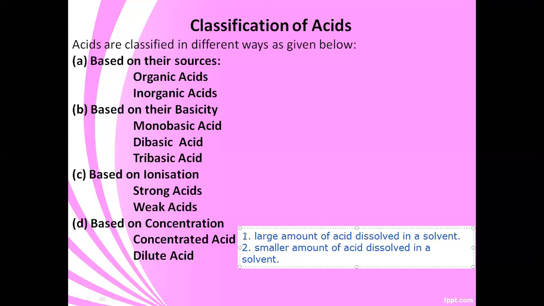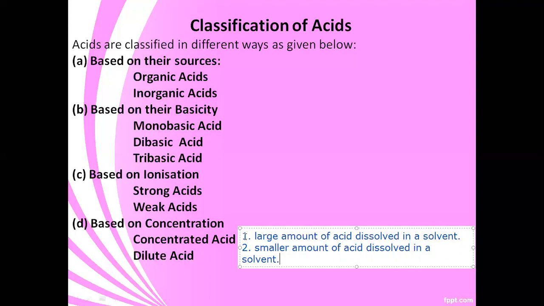So what we discussed in this unit: the first one is what acids are, a substance that tastes sour, present in the substance. After that, the Arrhenius theory proposed that H plus ions dissolved in the aqueous solution is called acid.